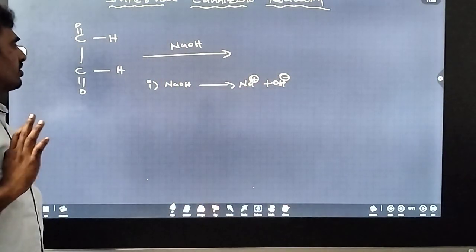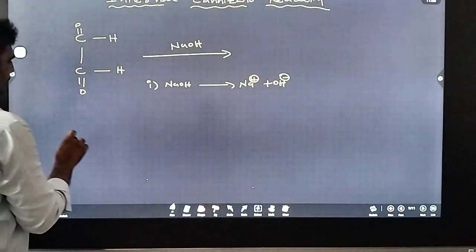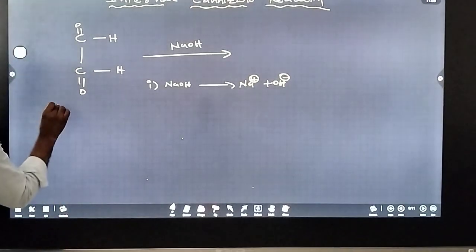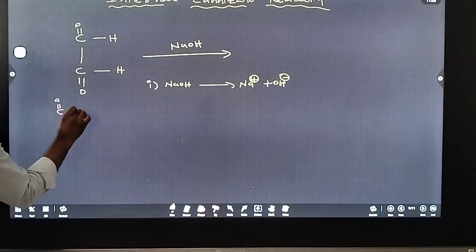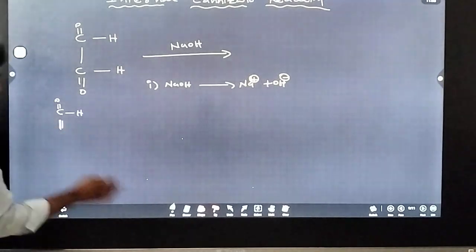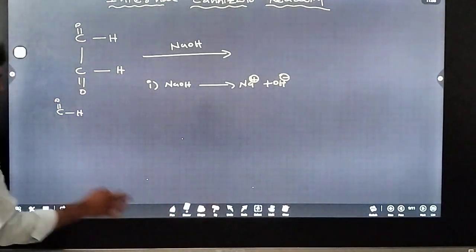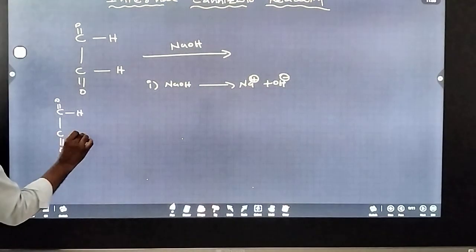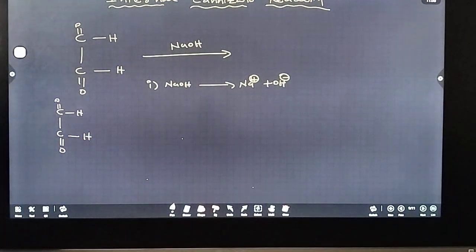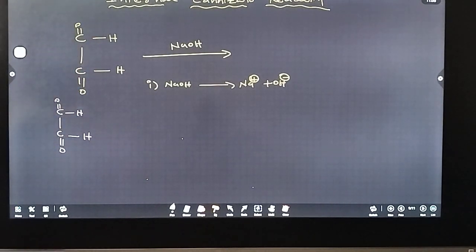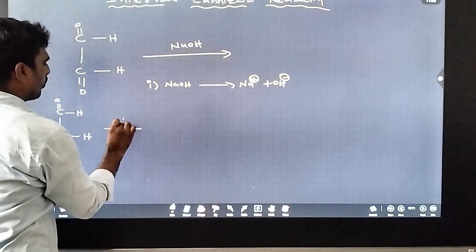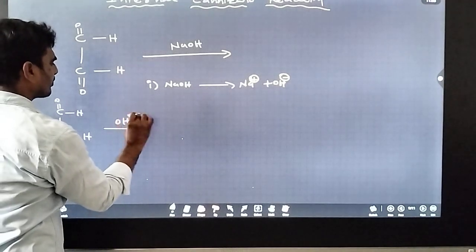Here is the compound with two CHO groups. This is a carbonyl compound without alpha hydrogen. That's why this compound does not participate in aldol condensation.